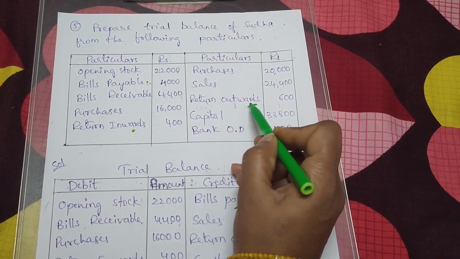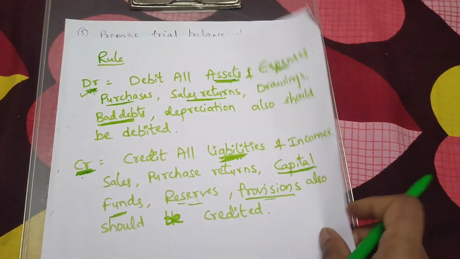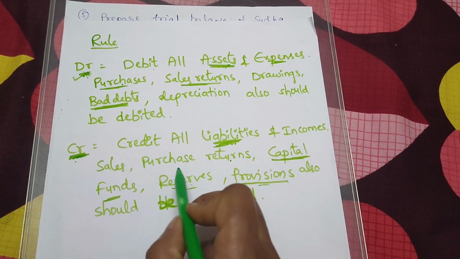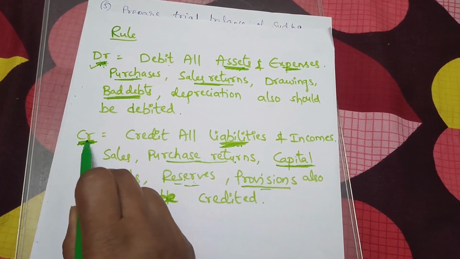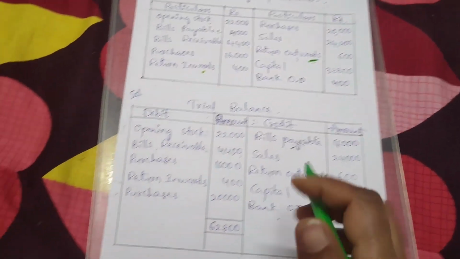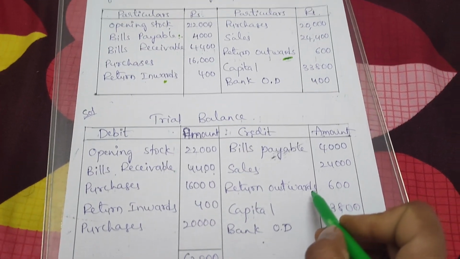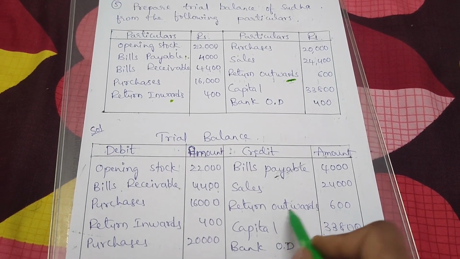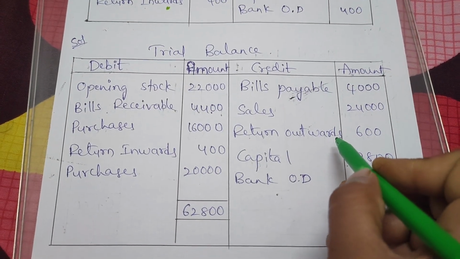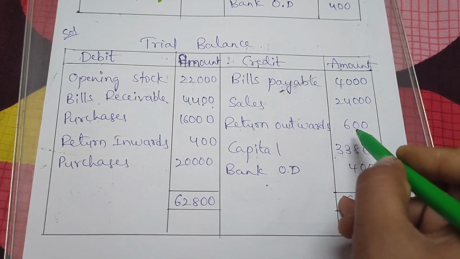So purchase returns we should credit. So I mentioned return outwards under credit because return outwards are nothing but purchase returns. Purchase returns always we should record under credit.